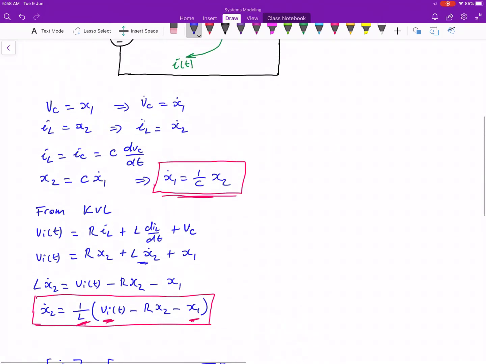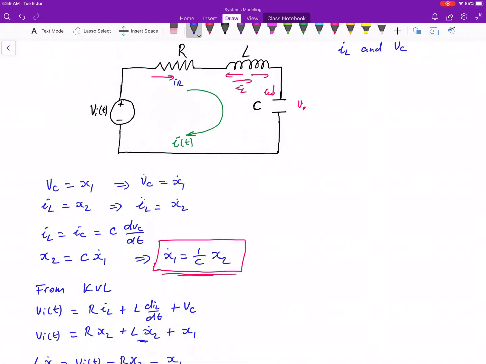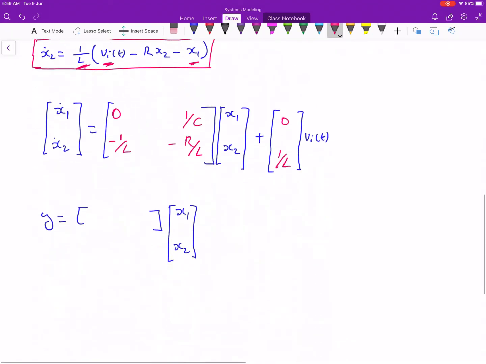And from the equation, we said our output voltage, we want the voltage across the capacitor. This is our Vc. And we say that Vc is equal to x1. So, meaning that from here, Vc is x1, and for x2 you have 0.